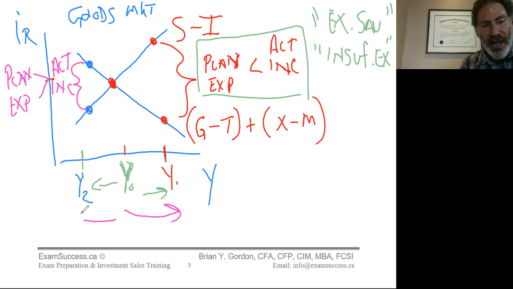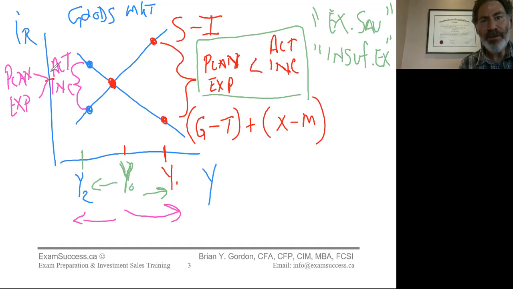Or if the income decreases, now we're over here. Planned expenditures are above the actual expenditures. That's the way I would think about it. So this is cracking the code in terms of dropping it down to the exam language. Now you've got to be able to match that up to practice questions.